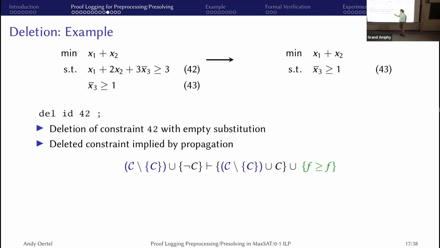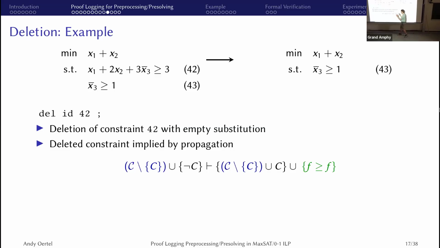And then checking that this deletion works can basically just be done by propagation. When we go through our conditions that have to hold, first, when we look at the core sets without the deleted constraint, this already exists on the right-hand side, because we have no witness, no substitution.